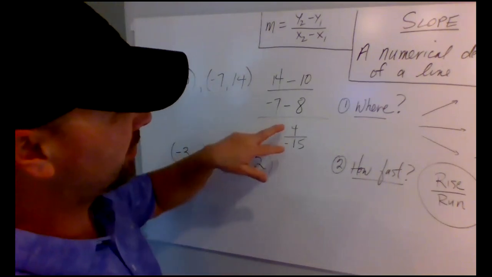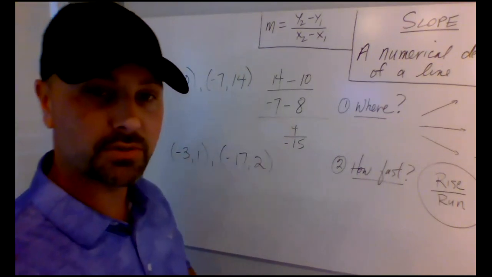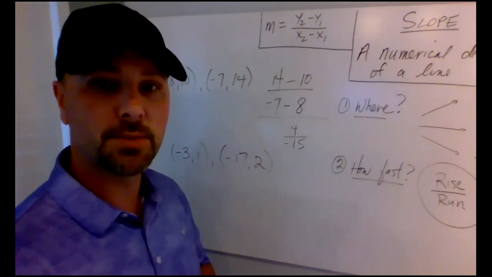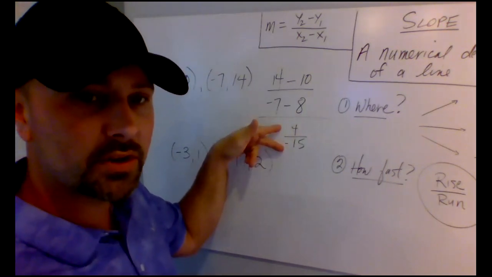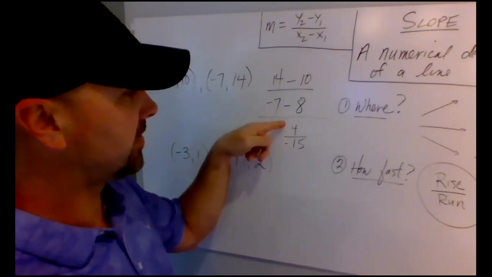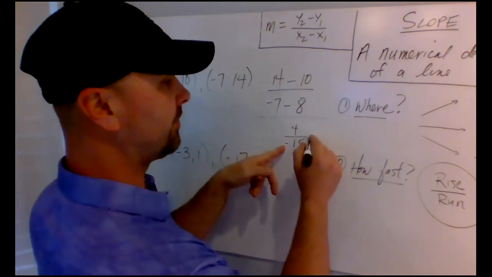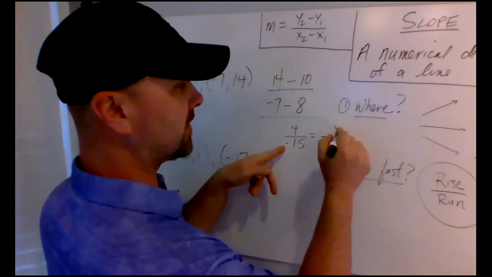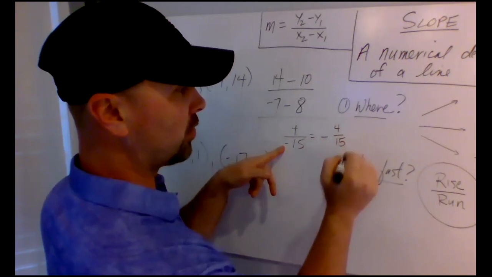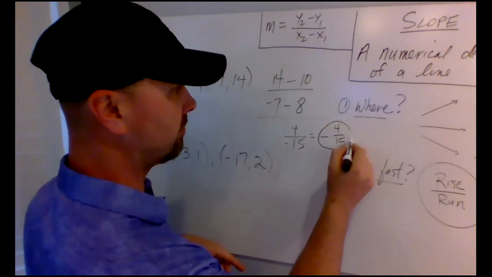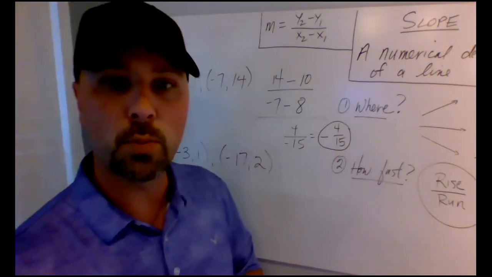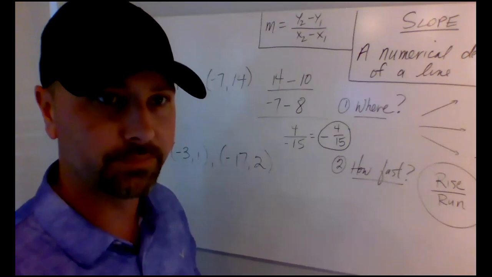The numbers 4 and 15 cannot be simplified, but we do have to take a look at the signs too to figure out what our slope's sign is. And this is a positive divided by a negative, meaning the slope is a negative. And so we rewrite that with the negative in front. And we see the slope is -4 over 15.